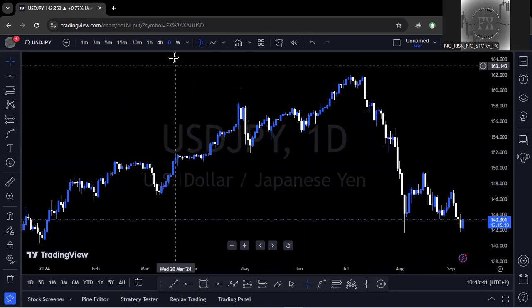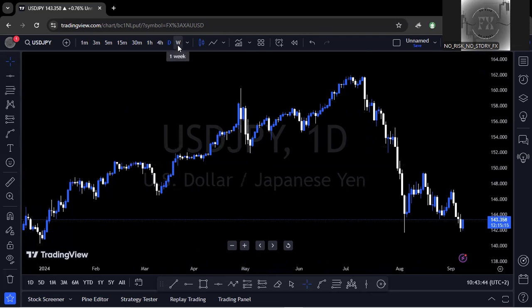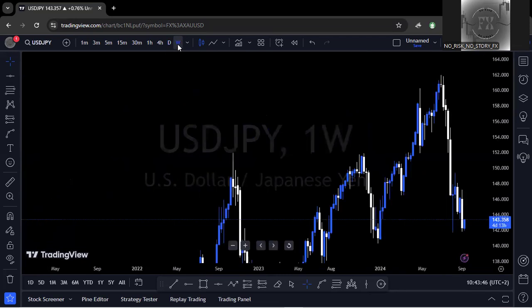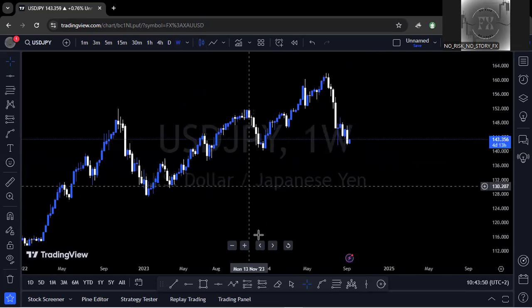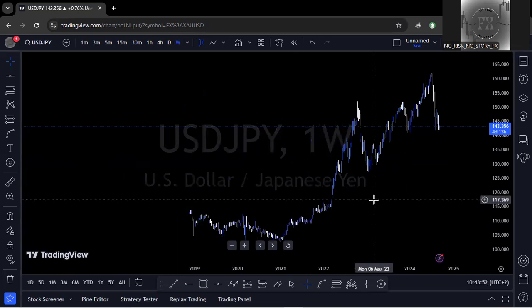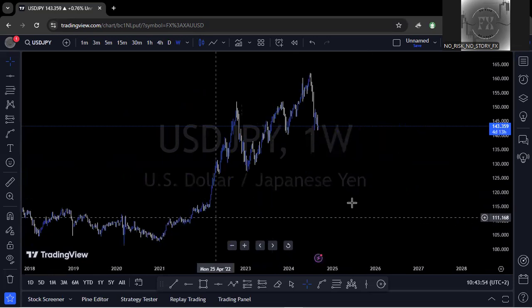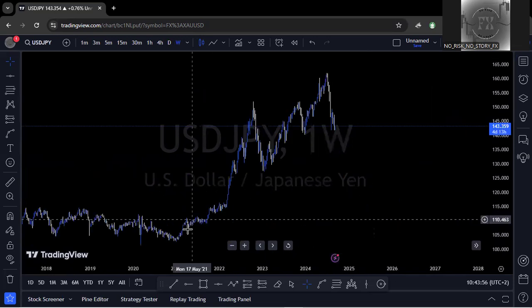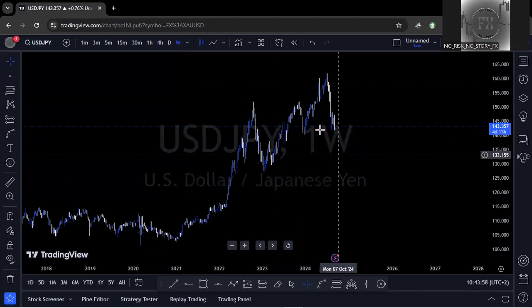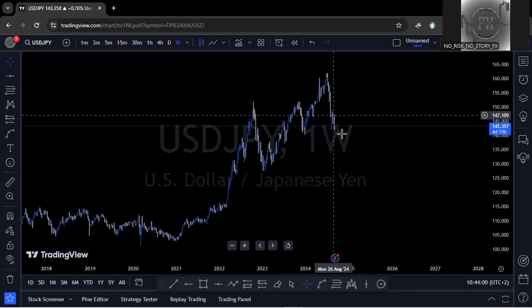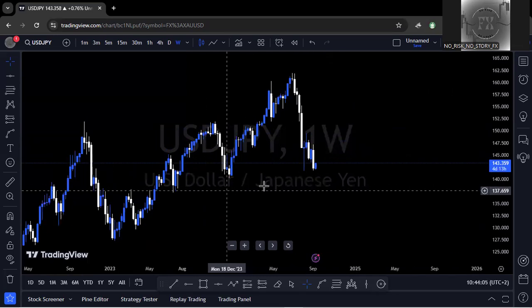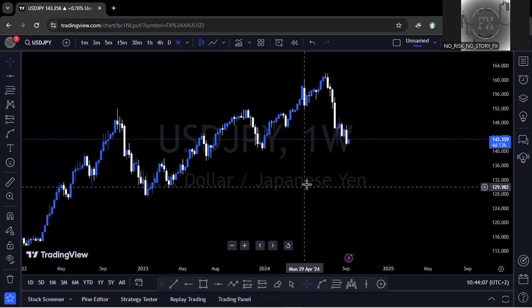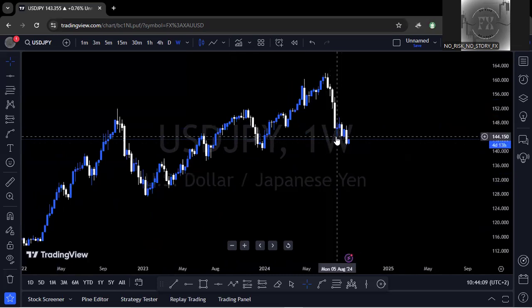my higher time frame. But I'll firstly go to my weekly time frame just to get an overview of the market. On my weekly time frame, I can see that USDJPY has been bullish for the longest time now, and we just seem to be turning bearish now.